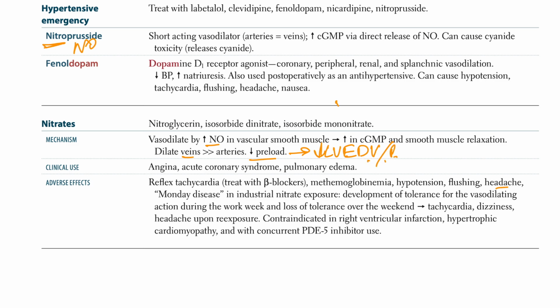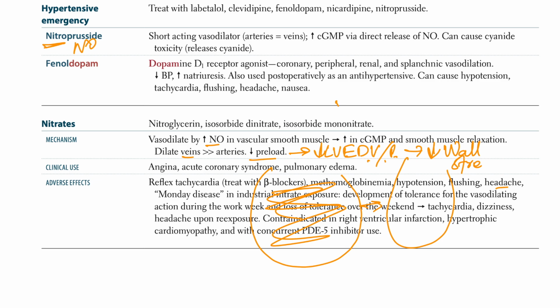Both of them will decrease, and that is high yield. This will lead to decrease in wall stress because it's not expanding much anymore. Normally it is expanding this much, now you have decreased the end diastolic volume, so it's not expanding as much. So you have a decrease in wall stress, high yield.